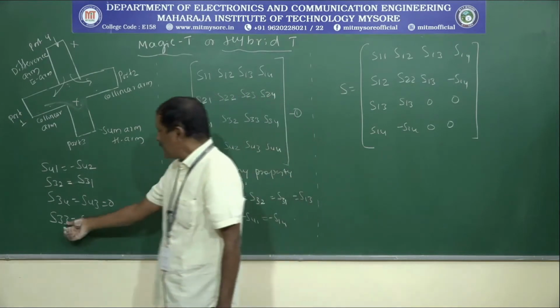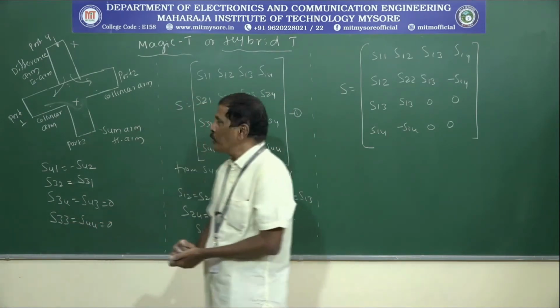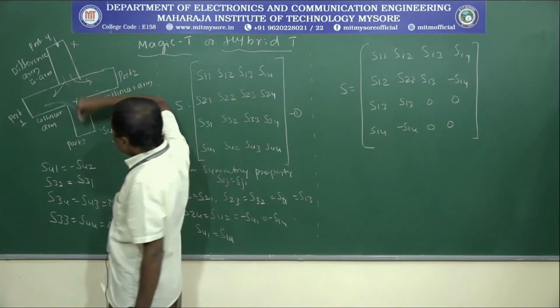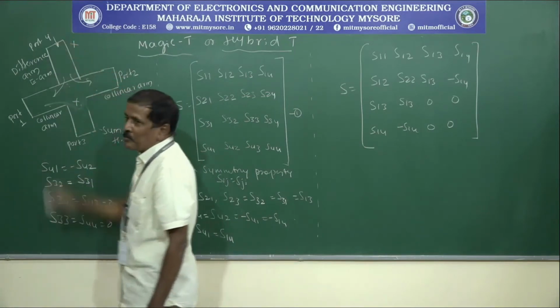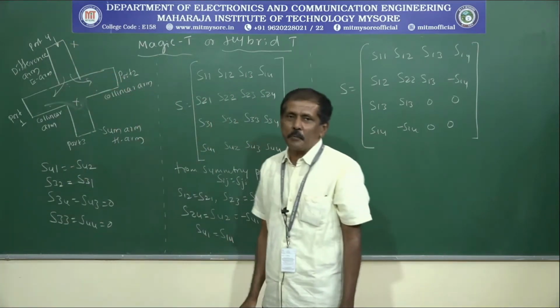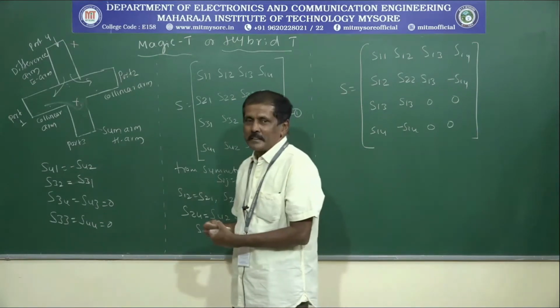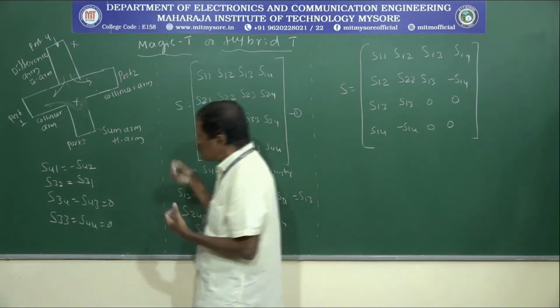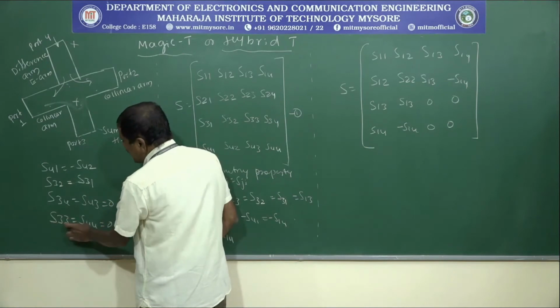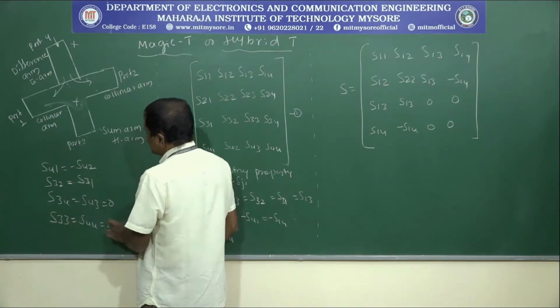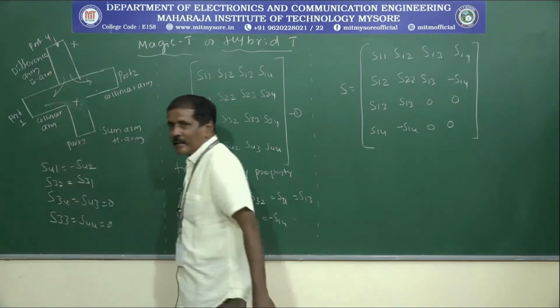S33 equal to S44 equal to 0 means port number 3 and port number 4 are perfectly matched ports and there are no reflections present in them. Therefore S33 is taken as 0 and S44 is taken as 0.